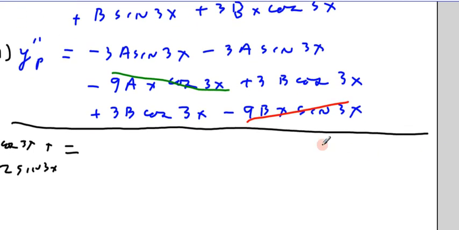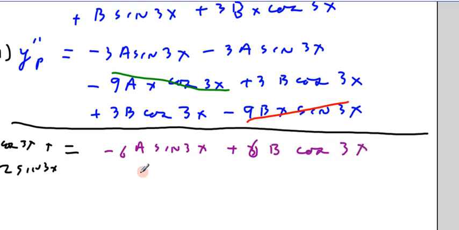Okay, so now I've got minus 6a sine 3x plus 3b, 6b, 3 and 3 is 6b, cosine 3x. Okay, that being the case, a has to be 1/3, minus 1/3.